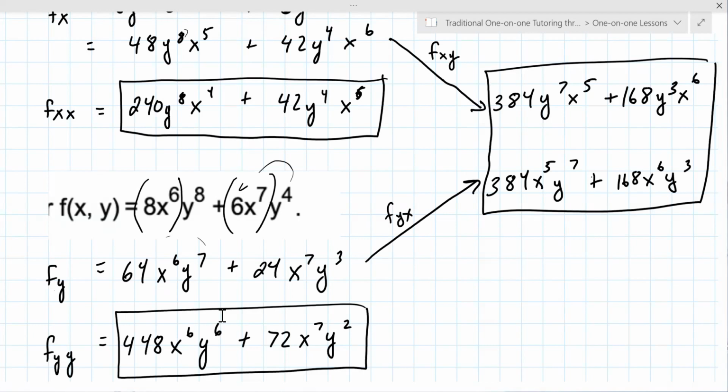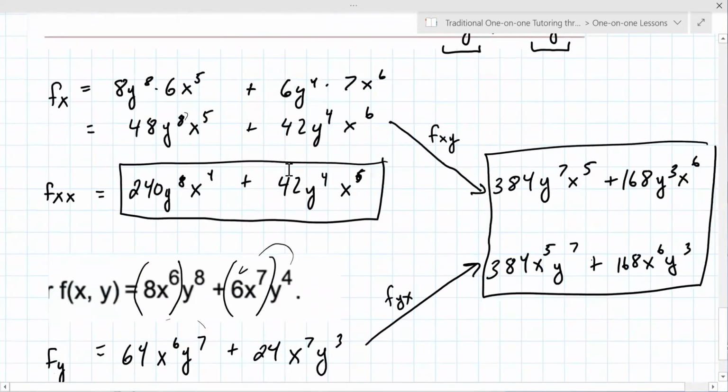So the first fxx, that's actually 42 instead. Yes, it should be 42 y to the 4th x to the 6th. There are also many calculators out there that will do this for you, but just keep in mind that, I'm pretty sure this is good.